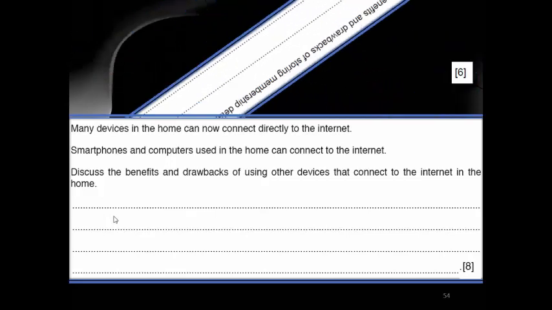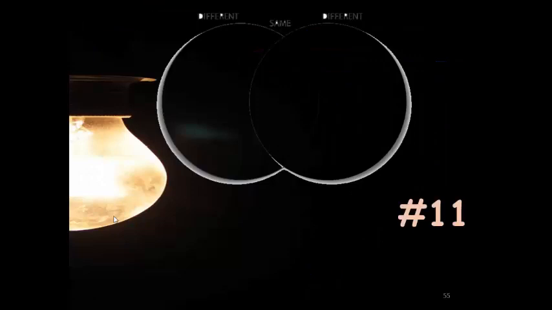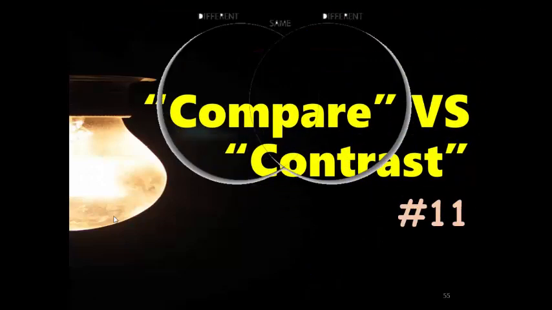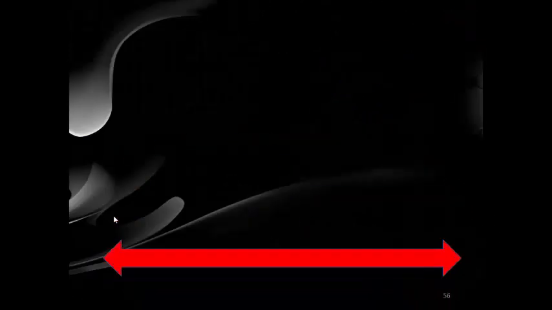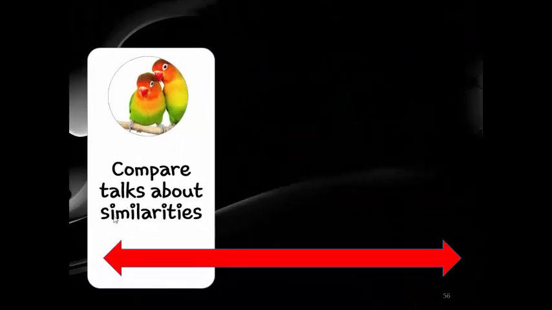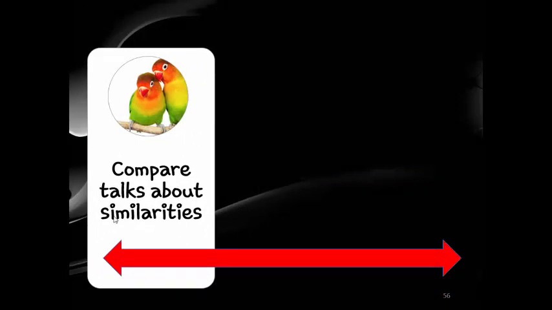The next one, how do you answer a question on compare and contrast? How do you answer a question about comparing and contrasting? Let's say, okay, number one. Can you see some similarities? Compare talks about similarities.